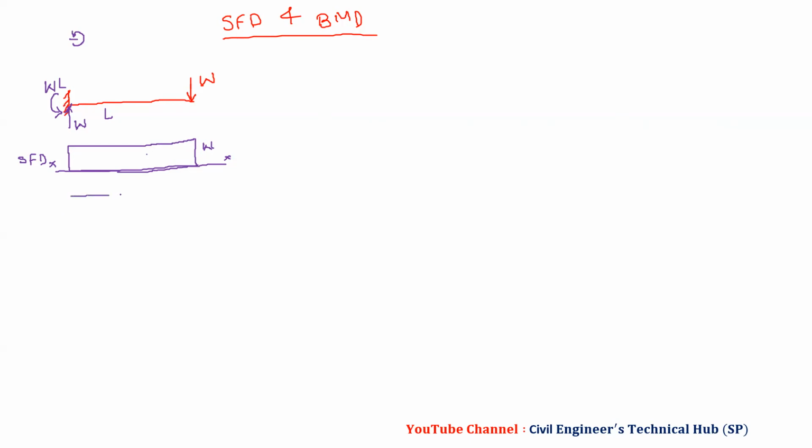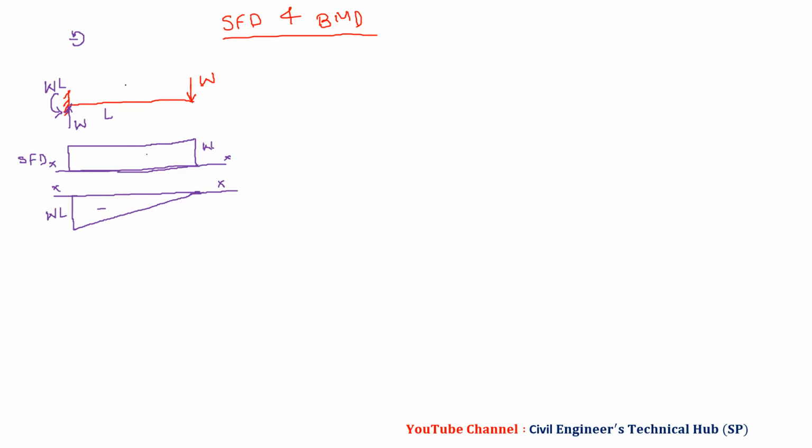So we have this will be W into L, and bending moment at the free end is always 0. So you can say this is minus. This is XX. Now we have plotted this BMD on the compression side. So we have W into L.